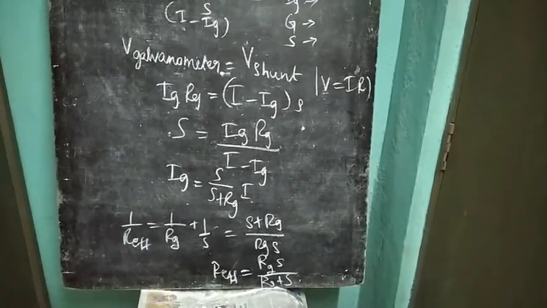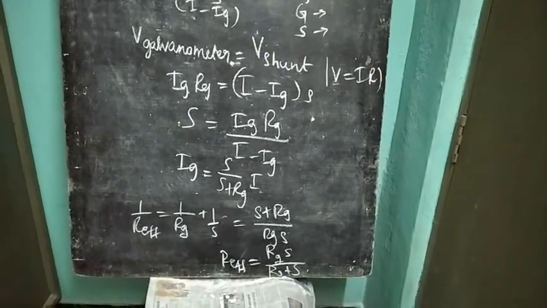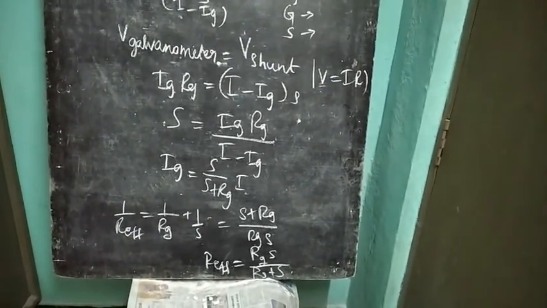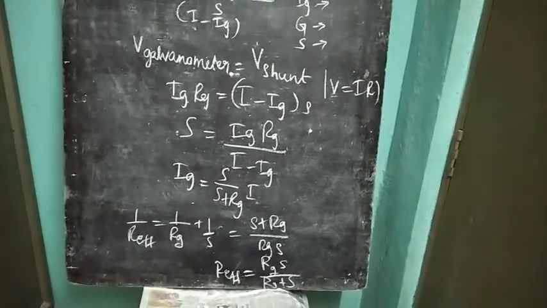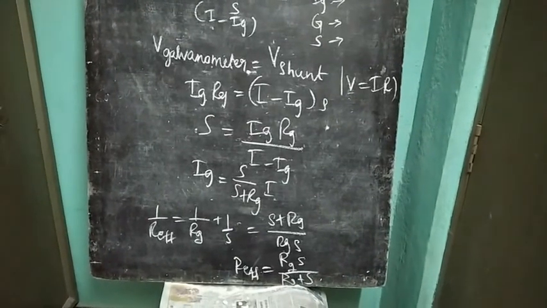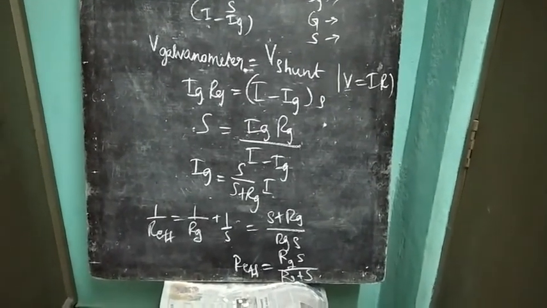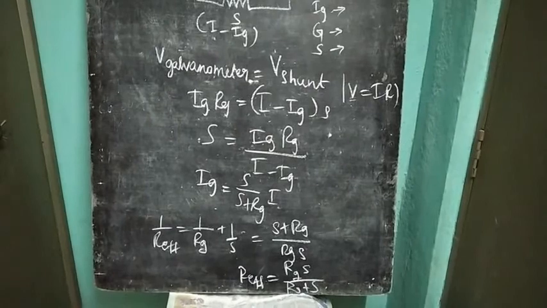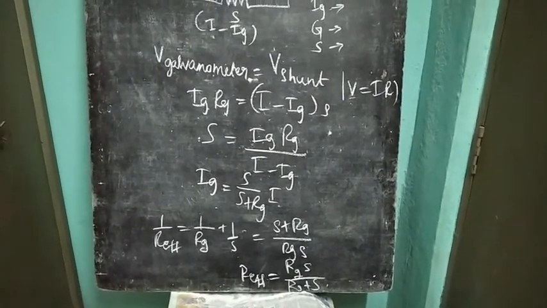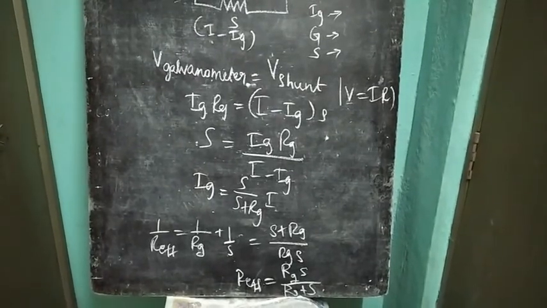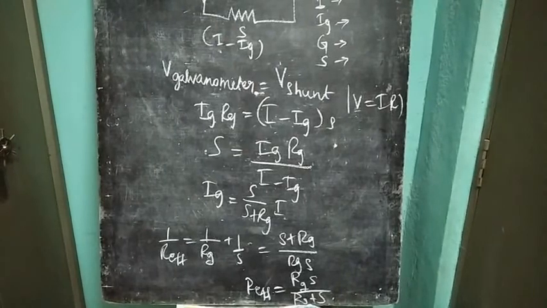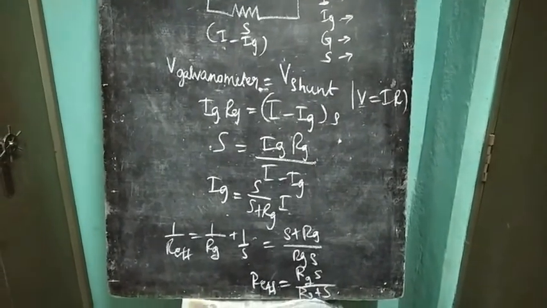Rearranging this equation, R effective equals Rg S by Rg plus S. The shunt resistance is very small, so the effective resistance is also small. The resistance offered by the ammeter is very small.